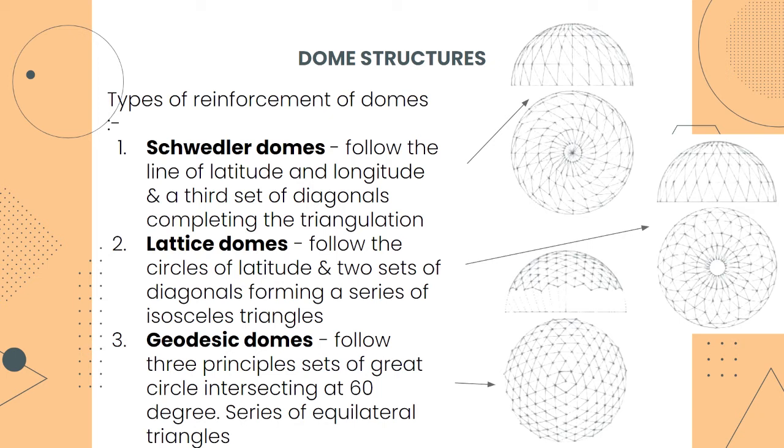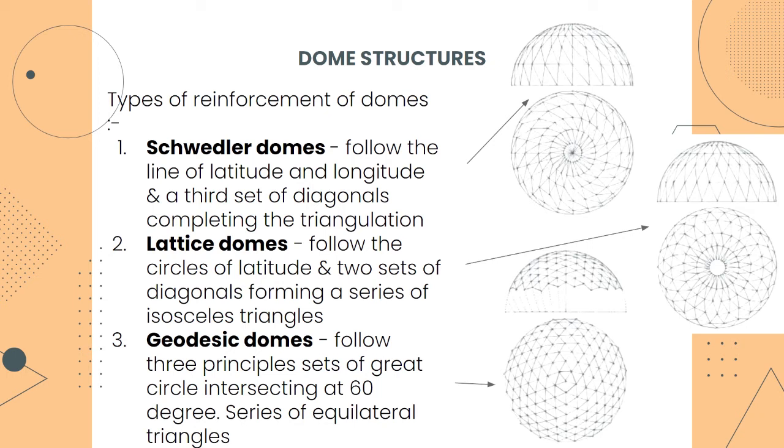And then we have lattice domes, which follow the circles of latitude and two sets of diagonals forming a series of isosceles triangles. So the difference between Schwedler and lattice is that Schwedler uses just one diagonal, and lattice uses two diagonals, which form isosceles triangles.